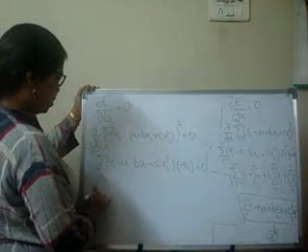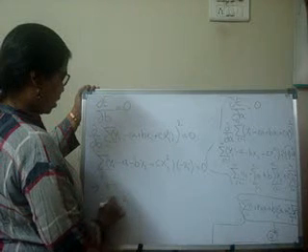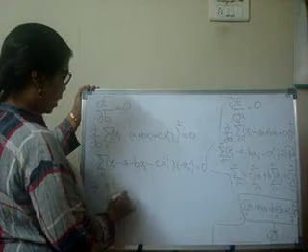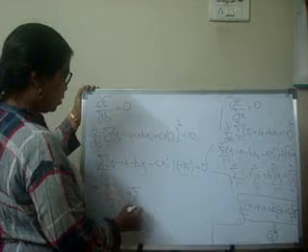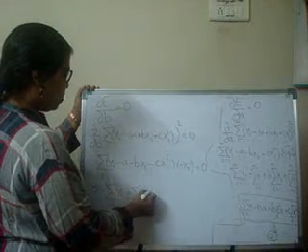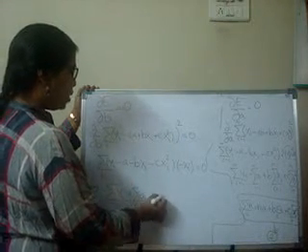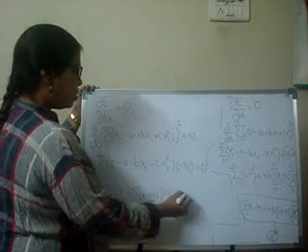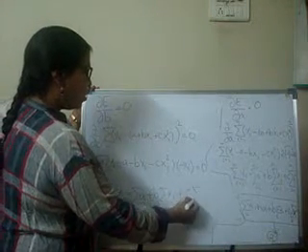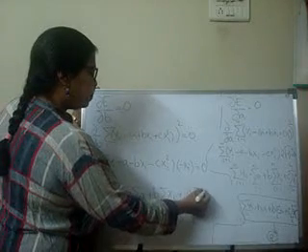This implies summation over i yi equals summation over i a plus b summation over xi plus c summation over xi square.